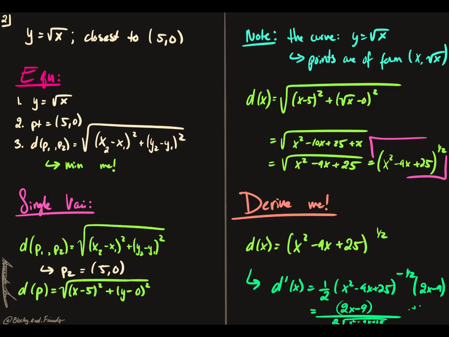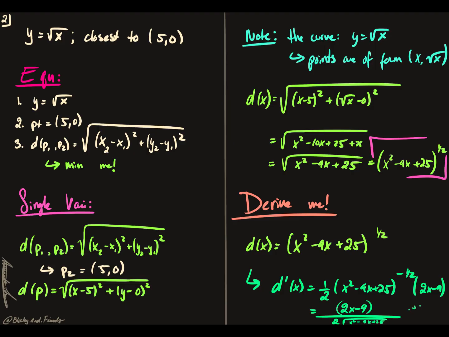Okay? Now that you have things in a single variable form, we're gonna derive it. You have distance in terms of x is equal to x squared minus 9x plus 25 to the 1/2, which means you know your derivative. Just a quick little chain rule is going to give you, let's do it in a nicer shade of green.